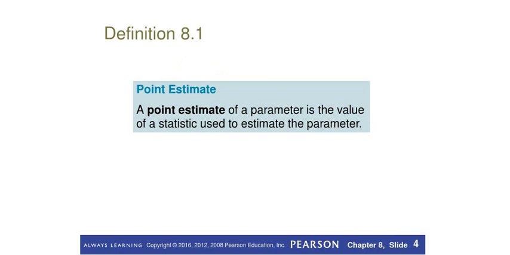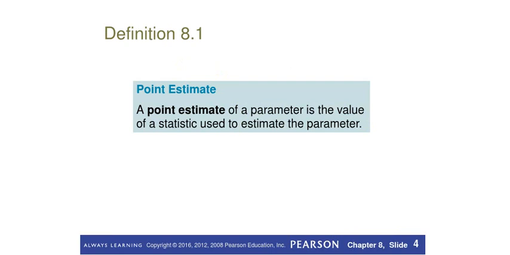A point estimate of a parameter is the value of the statistic being used to estimate the parameter. Well, what do we mean by that? If I sample 100 U.S. male adults and find out how tall they are, and I find that the mean height is 69.5 inches in that sample of 100 adults, how accurate have I been?